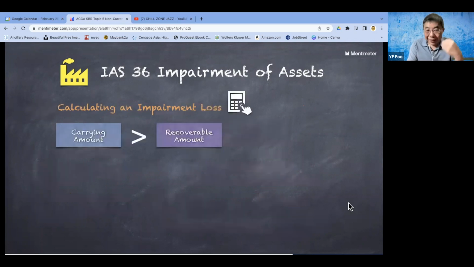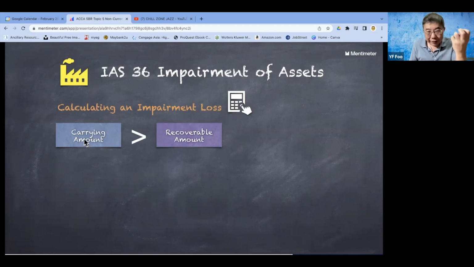Right. So now let's assume that there are indicators. There is either an external indicator or an internal indicator that tells us that maybe there is an impairment. We don't know yet until we go and calculate that impairment. So what are we calculating when we are looking at whether there is an impairment loss or not?